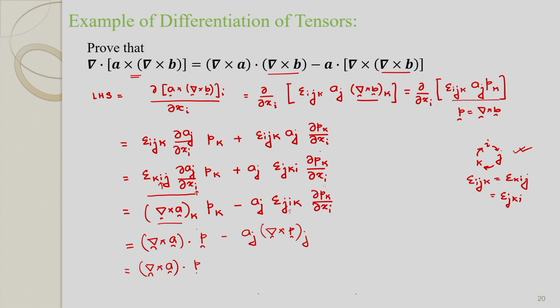First term we keep as it is. For the second term we can again use indicial notation for dot product.